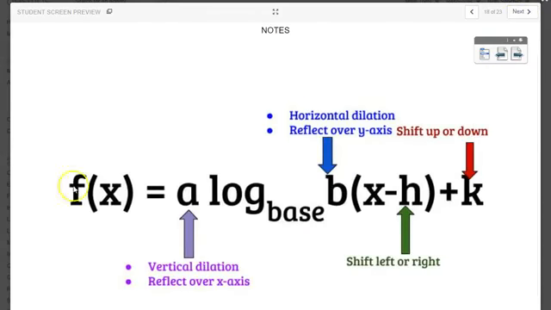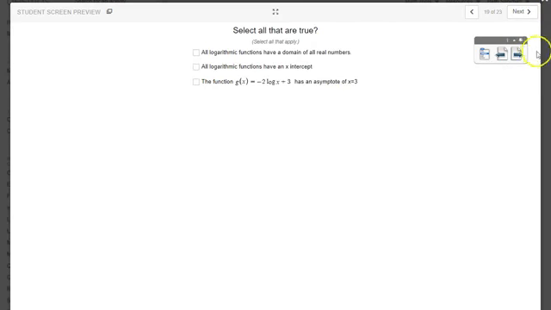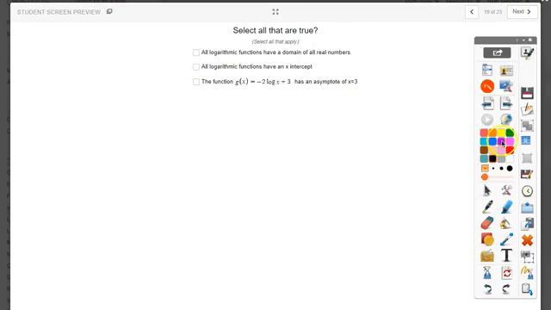These notes you will also find in the red notebook. They just discuss the different types of transformations that can happen with a log function. And on slide 19, these are true or false. So all logarithmic functions have a domain of real numbers. Well, that's not true. This would be true if it was the range of all real numbers. All log functions are going to have an x-intercept. That is true, because if the range is all real numbers, at some point you have to cross that x-axis.